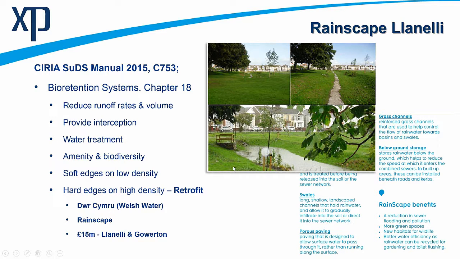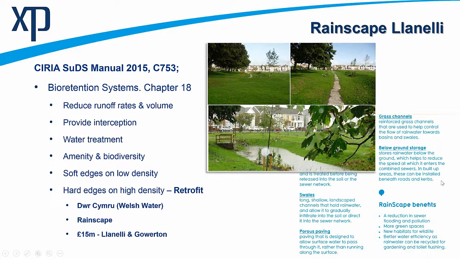And on the right-hand side here, we can see some examples of those projects that have taken place. The bioretention areas are not unique. We've used swales, porous paving, below ground storage, grassy channels, as well as bioretention areas all over these places. So it depends on the location, on the situation, as to what we can best fit in.